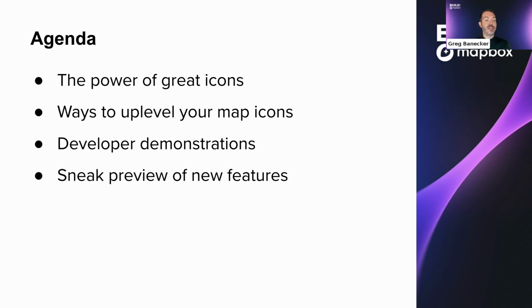To do this, I want to tell you a brief customer story and then describe some ways that you can up-level your icons. Then my colleague Mira is going to demo for you how to make this happen in your application. To wrap things up, we want to give you a little sneak preview of some additional icon capabilities we'll be releasing soon, so make sure you stay to the end of the session, and then we'll have time for questions.